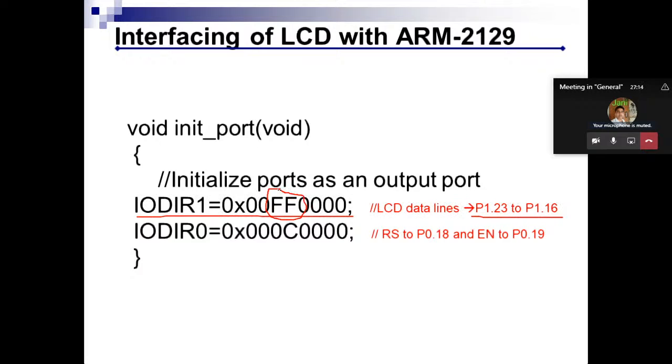Because of that, the data is like this: 0x00FF0000. With the help of this declaration, we are saying that pin numbers 1.16 to 1.23 are output pins. Similarly, we are connecting RS with P0.18, enable with P0.19, so those two bits are 1. So corresponding bits, if you make 1, then this will be your bit pattern: 0x000C0000.